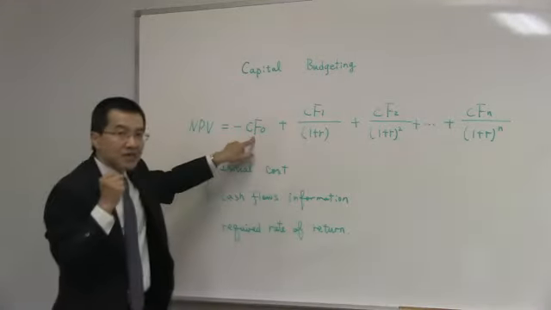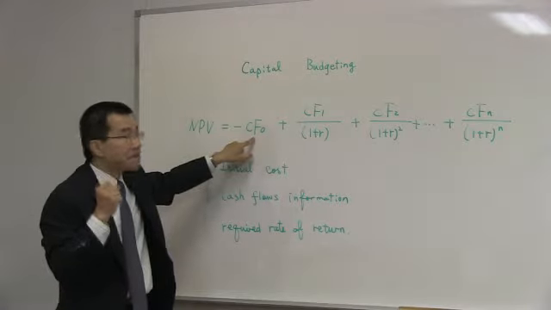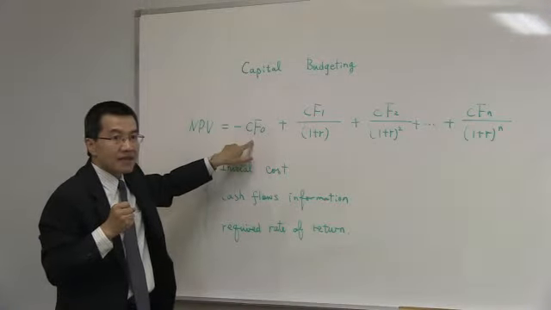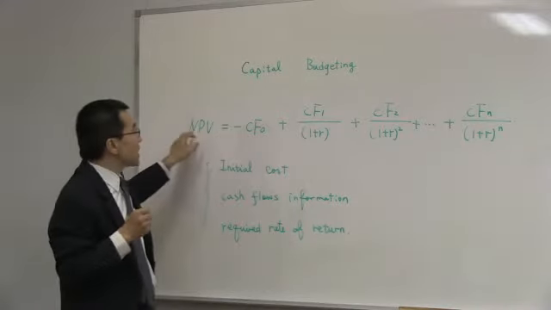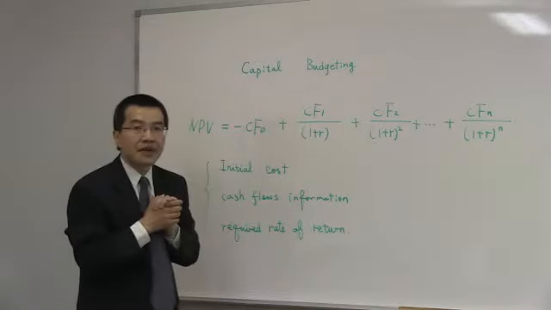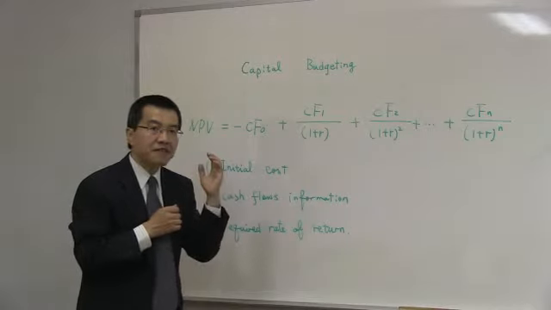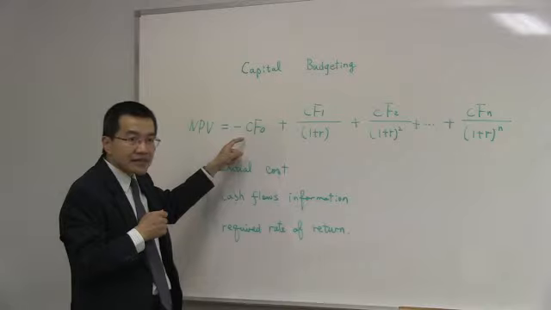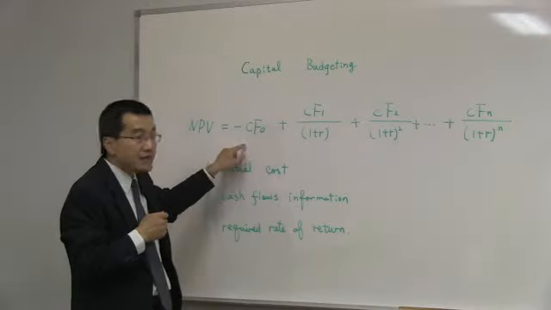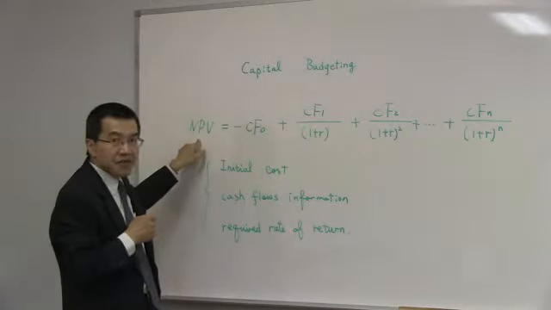And here we also have the cost information, right? So we put a negative sign there to indicate this part is negative. So the NPV is the present value of the future benefits minus the initial cash outlay, or say the initial cost.